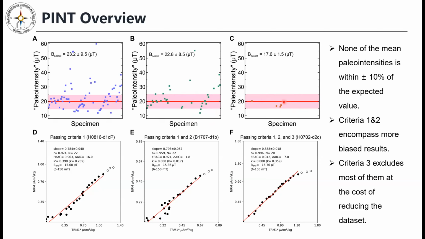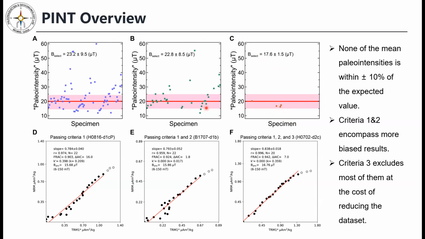And for the results passing criterion 3, which is the double heating technique, it will largely shrink the data set, and it also includes some slightly biased samples, and has an average close to this.